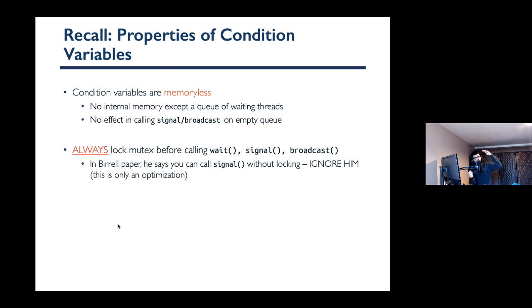So every time you want to call signal, broadcast, or wait, before that you must call mutex.lock. So you should be inside the critical section to call these functions. Some people tell you differently. Some people say it's safe to call signal or broadcast without locking the mutex, but just ignore them. And always, always, always call these functions inside your critical section while the mutex is locked.